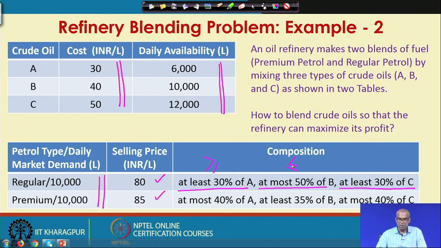Similarly, the composition constraints on premium petrol are at most 40% of A, meaning less or equal to 40% of A, at least 35% of B, meaning greater or equal to 35% of B, and at most 40% of C, meaning less or equal to 40% of C.